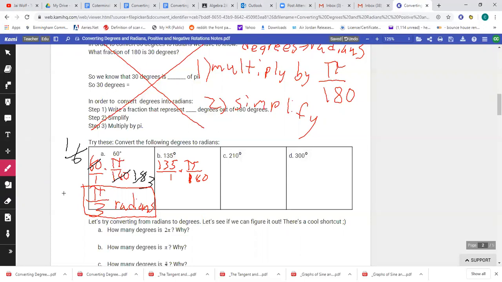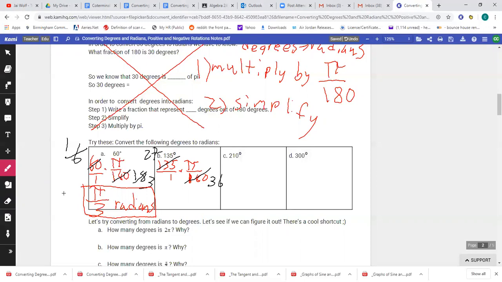If I have 135 and 180, one ends in a 5, one ends in a 0, so I know for sure I could simplify by 5. So you just use a calculator and do 135 divided by 5, which is 27, and 180 divided by 5 is 36.